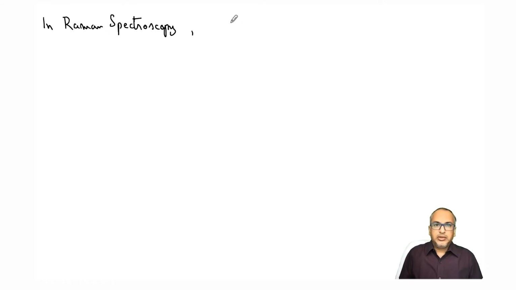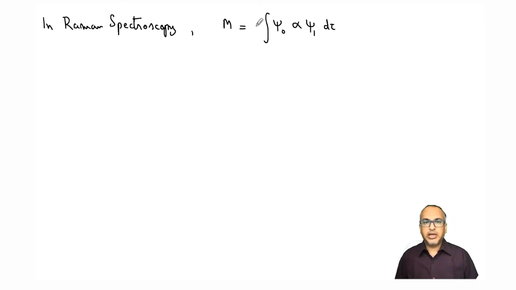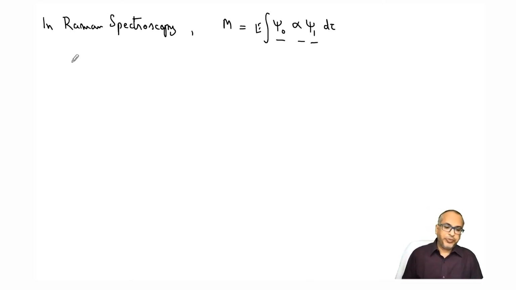The transition moment integral m changes to the integral of psi 0 alpha psi 1 d tau. You can write mu as alpha e, with e outside, so you are interested in the symmetry of psi 0, alpha and psi 1.